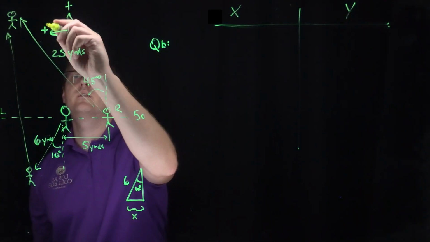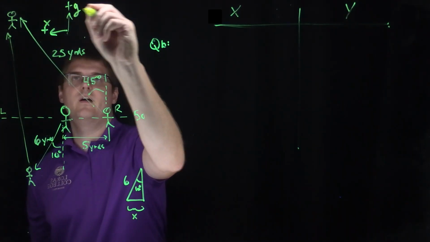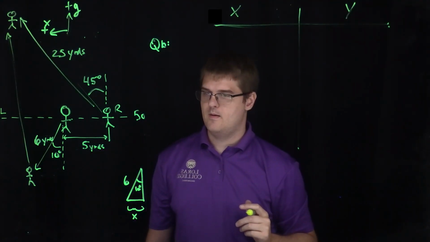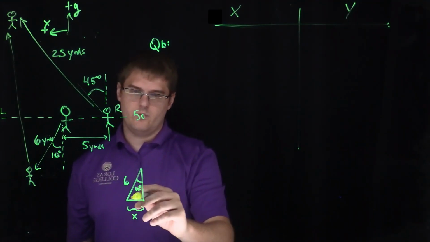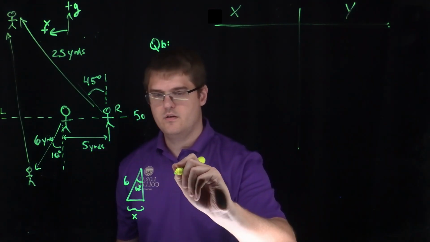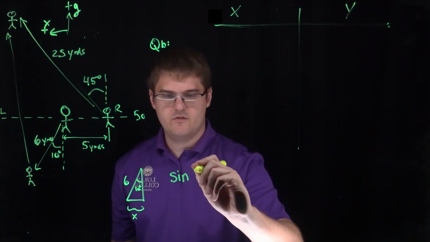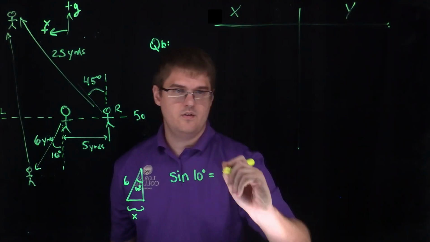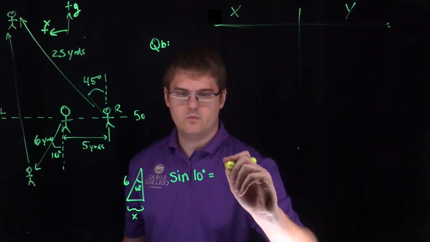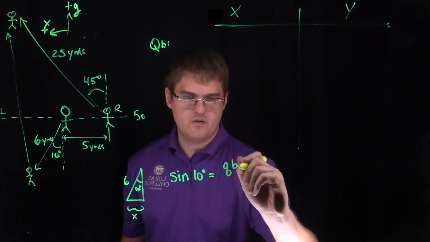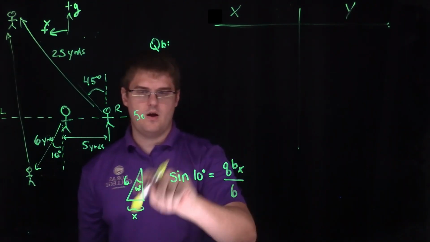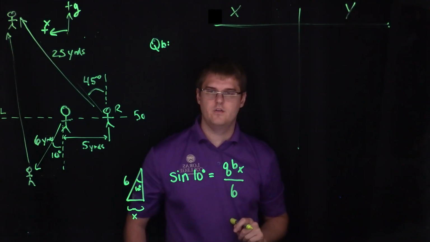So this is positive x, this is positive y. In the x, this is going to be the sine of 10 degrees equal to QB in the x, divided by the hypotenuse. So opposite over hypotenuse is sine.